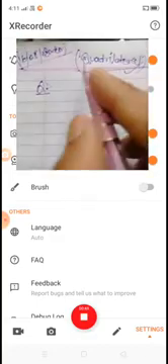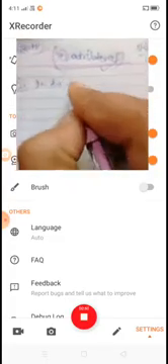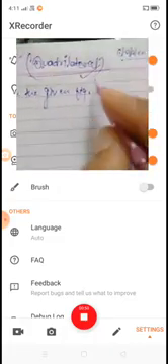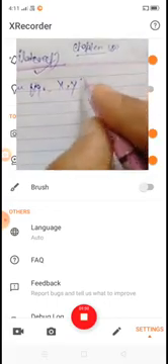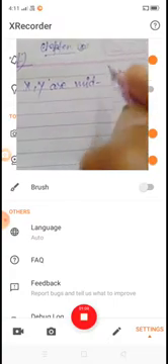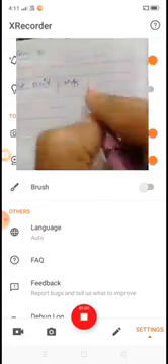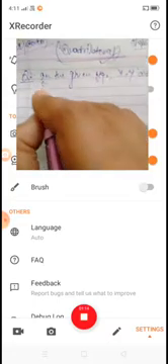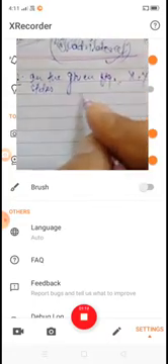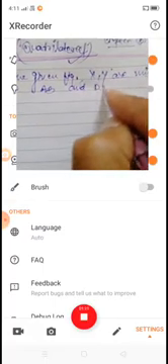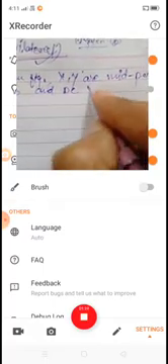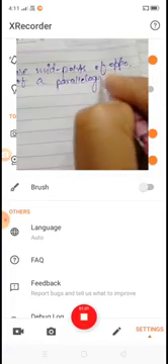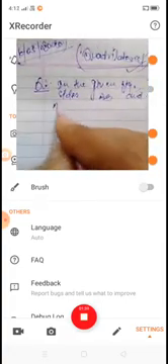Your question is, in the given figure, X and Y are midpoints of opposite sides AB and DC of a parallelogram ABCD.